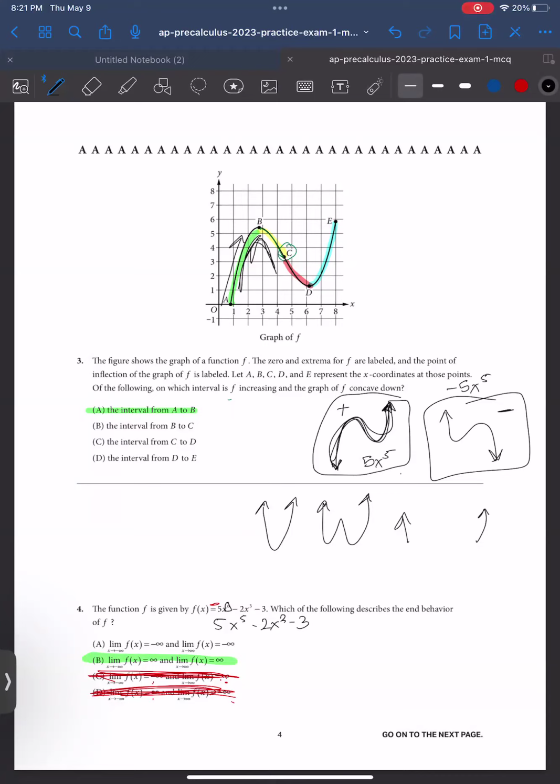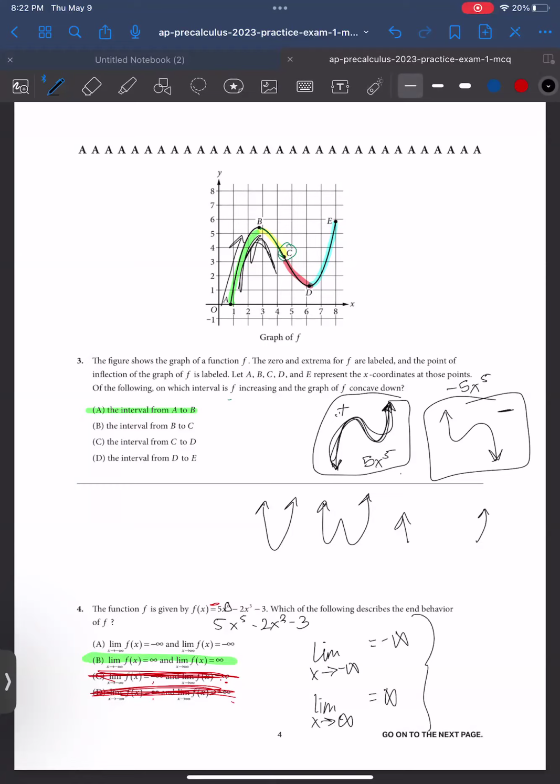Right. So to remember, if it is positive in the front, your limits are going to match, meaning the limit as x approaches negative infinity is negative infinity, and the limit as x approaches positive infinity is positive infinity.